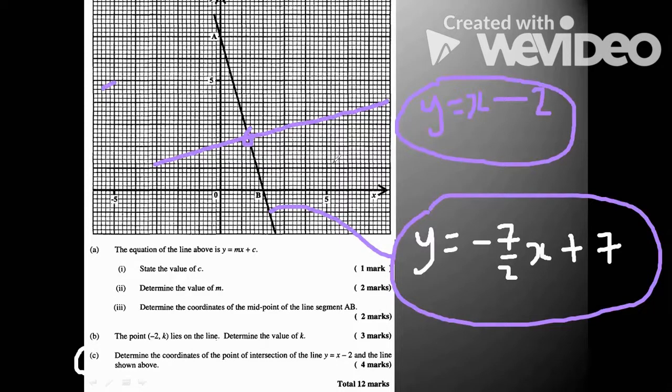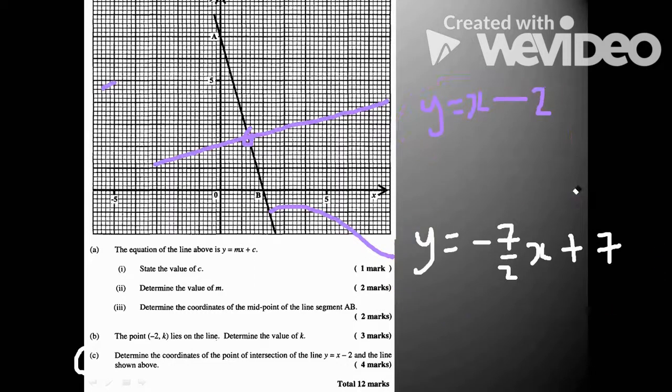All right, so what we're going to do is equate these two equations. They say that y is equal to x minus 2 and y is also equal to negative 7 over 2 x plus 7.